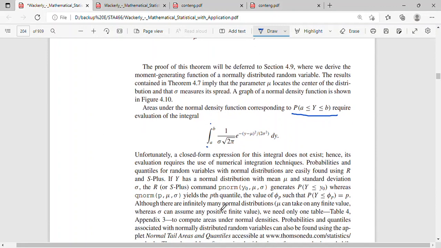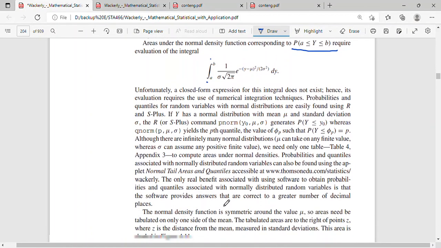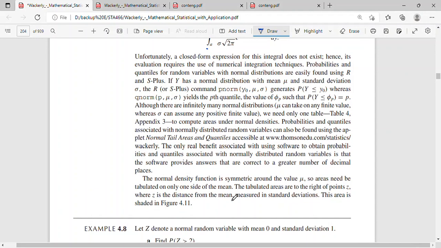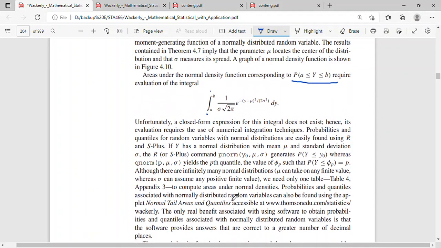So another way adalah kita boleh gunakan normal table kan. Tapi kalau nak guna normal table yang ada tu adalah standard normal table. So kita kena transform dulu daripada random variable y kepada standard normal. So usually standard normal ni sebagai z kan, kita kena ubah dulu.